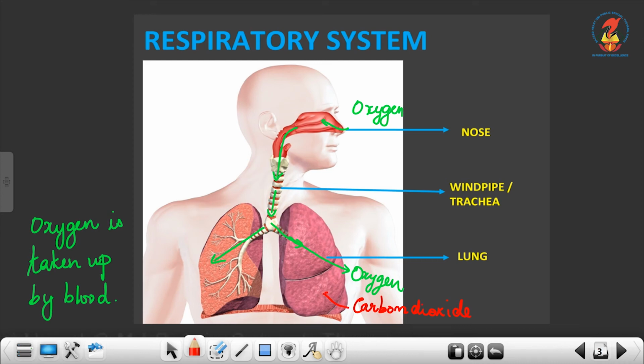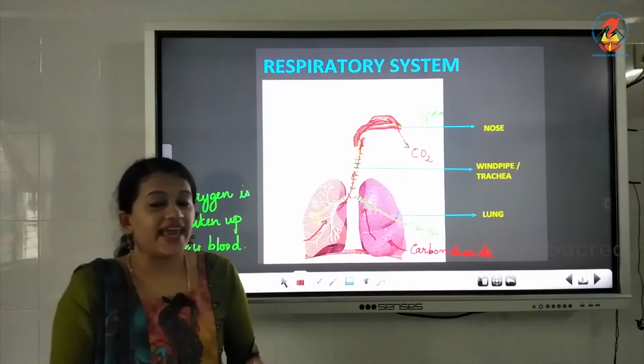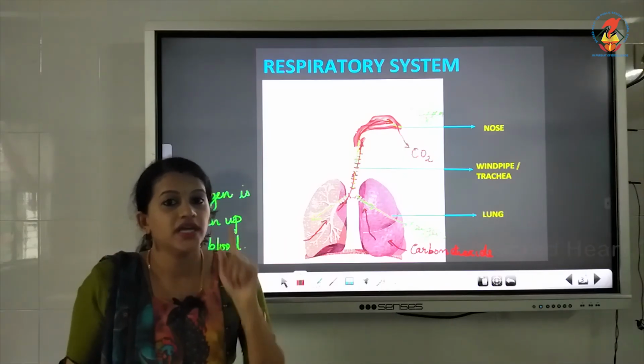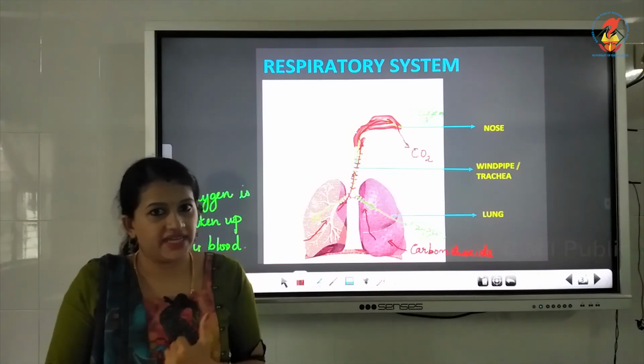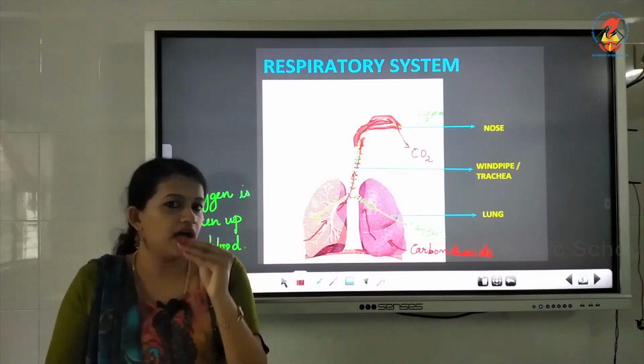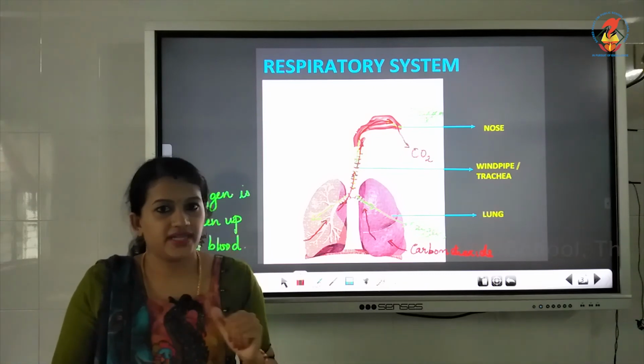Okay, the carbon dioxide is taken from all the cells and what is happening? This carbon dioxide is traveling back to our nose through the windpipe. So, the air we exhale or breathe out is rich in carbon dioxide. That is a waste material. Okay, remember that carbon dioxide is a waste material.